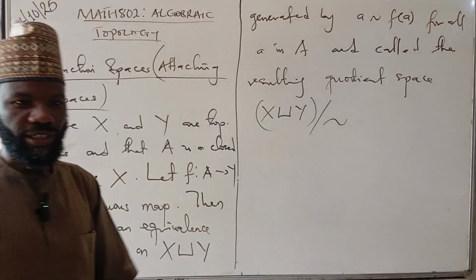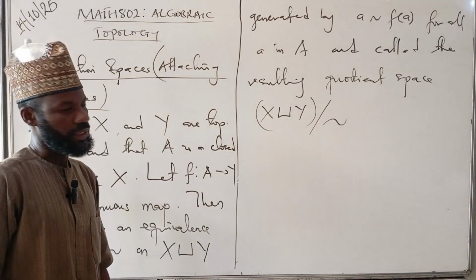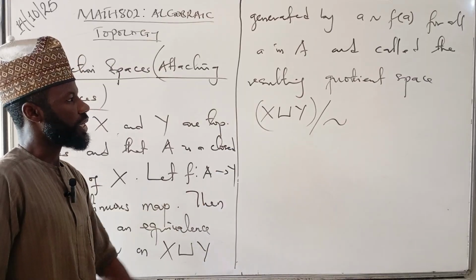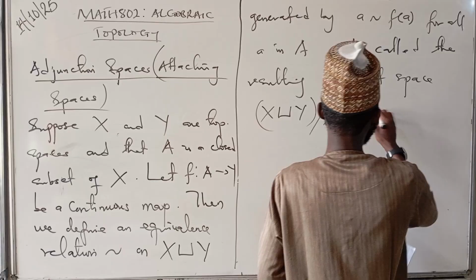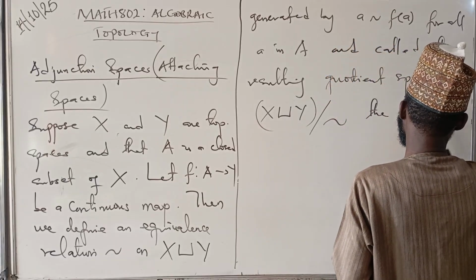We have looked at many examples of this kind of construction. So we call this quotient space the adjunction space.